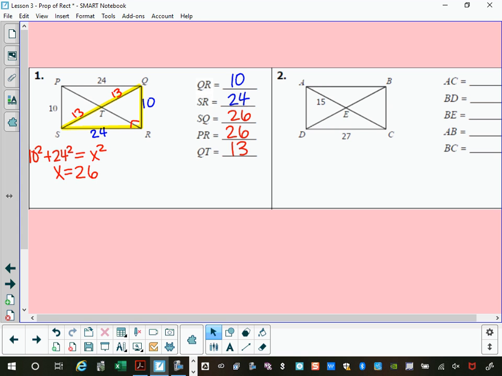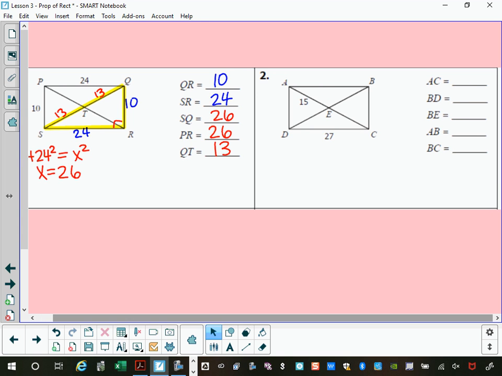Let's say number 2 then. With number 2, they told me that AE was 15 and BC was 27. So let's see what else I can figure out. They're asking for AC. AC is this diagonal. What is AC going to be? How did you get 30? 15 plus 15. Because diagonals bisect each other, AC, the whole thing, is 30.